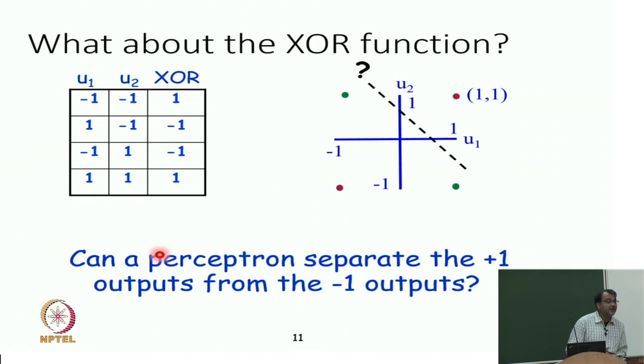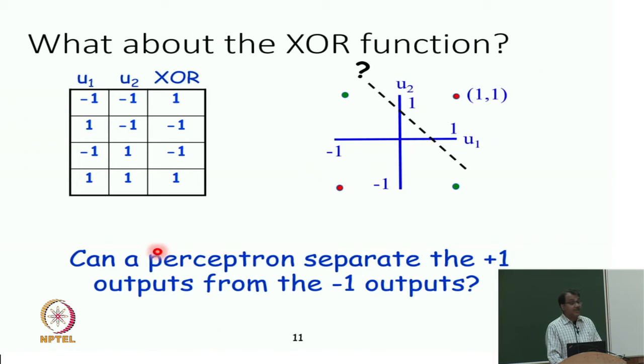What's your name? Shaurya says because they are not linearly separable. What does that mean? It means there does not exist a linear surface, a line or a hyperplane in a higher dimensional space, which can separate the positive class from the negative class.